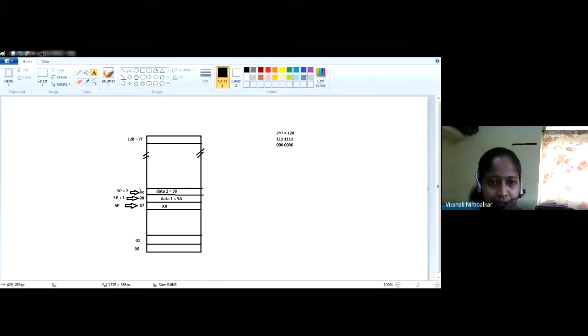And where is the bottom of stack? From where it began. It did begin with an address 07 hex. So 07 hex is called bottom of stack, 9 hex is called top of stack, and 8 is called middle of stack. 08 hex, that address is called middle of stack.